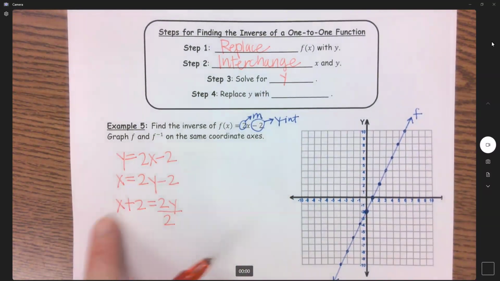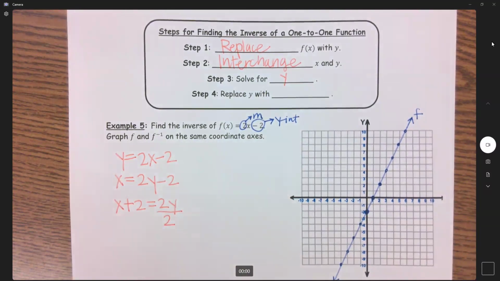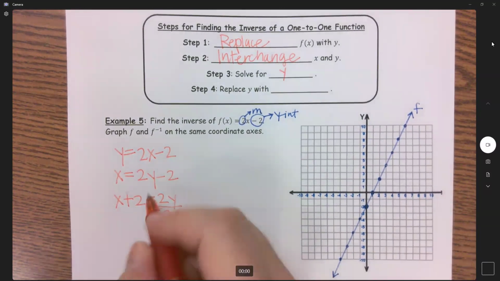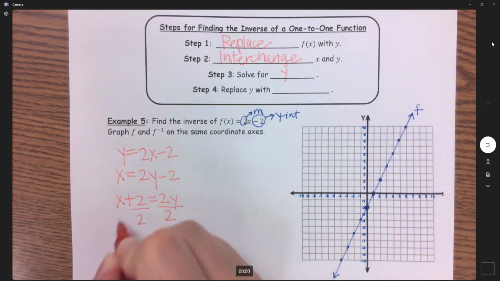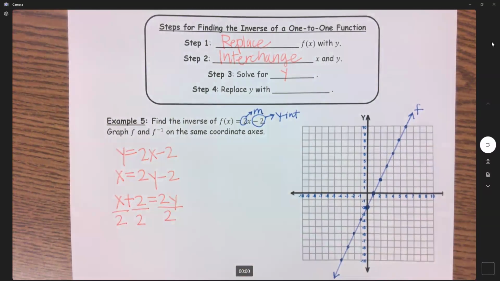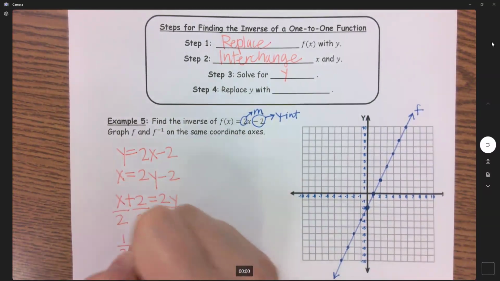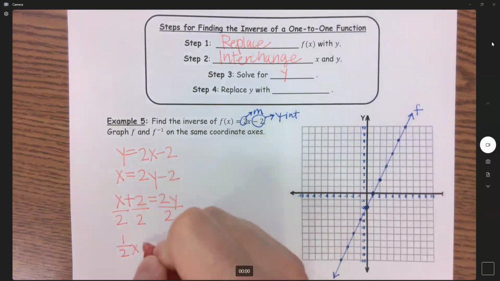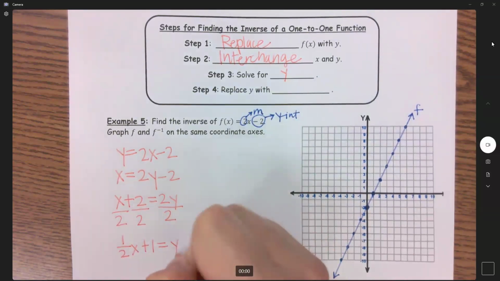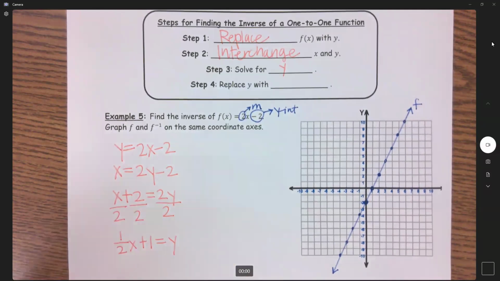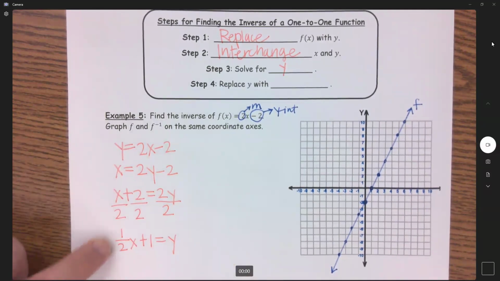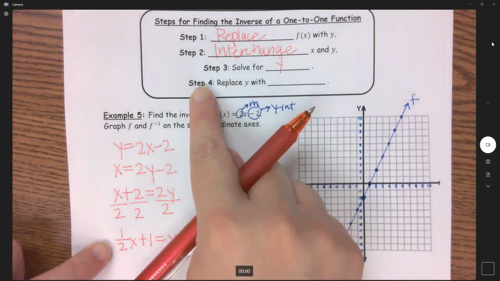And what am I going to divide by 2 over here on the left side? Hopefully you didn't get tricked by my trick question. We're going to divide everything. So 1 over 2 is 1/2 x. 2 over 2 is plus 1, and now equals y. So many times you guys stop right here, but we still have another step.